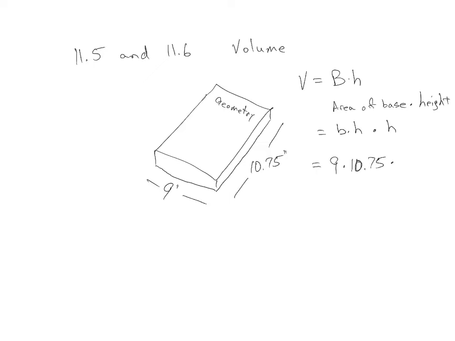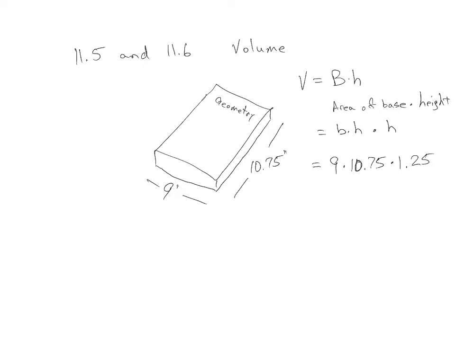And then the height, the thickness of all the pages together is going to be, again, 1 inch and 3/4. Oh, I'm sorry, about 1 inch and 1/4, so 1.25. 0.25 is 1/4.